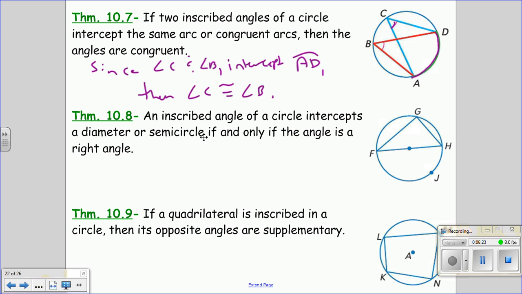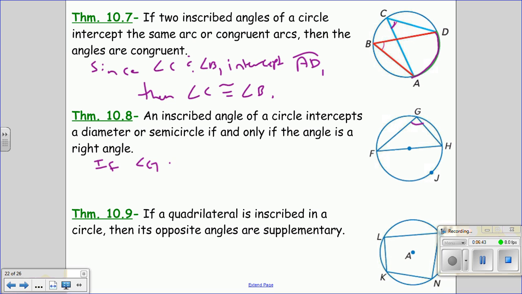On 10.8, it says an inscribed angle of a circle intercepts a diameter or semicircle if and only if the angle is a right angle. So on my picture here, the inscribed angle we're referring to is angle G. Angle G intercepts the diameter or semicircle.